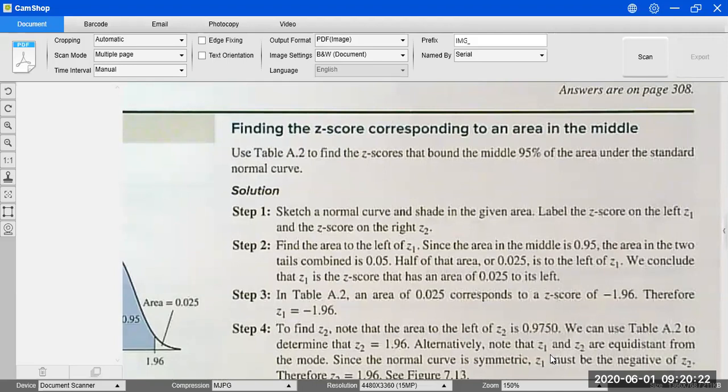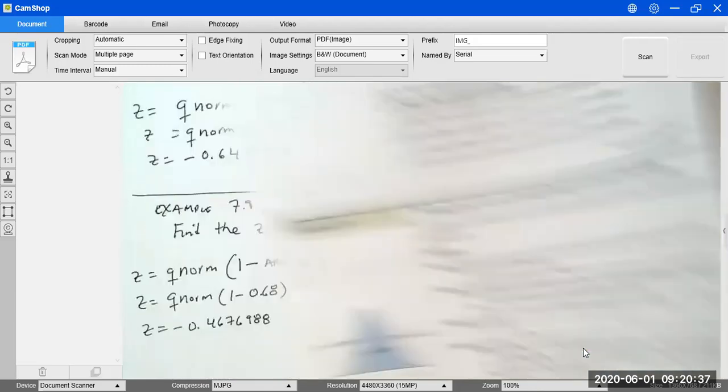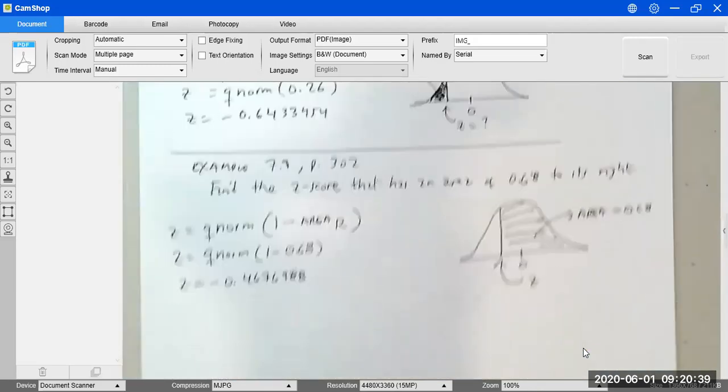So now we're going to find boundaries, two boundaries, and the area in between is 95% or 0.95. So let's write this problem here for our notes, and then we're going to be able to work on that problem.